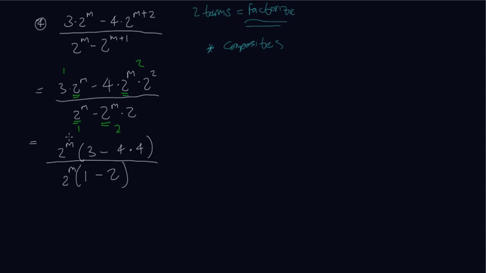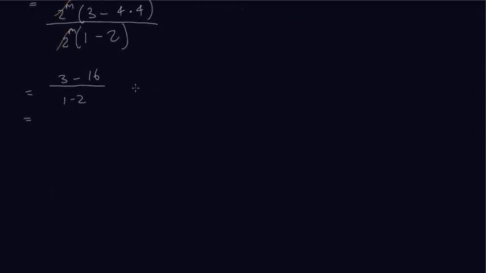And then the 2 to the m cancel, and then on top we are left with 3 minus 4 times 4, that's 16, over 1 minus 2. So the answer here is 13 minus 13 over minus 1. So the answer here is 13.